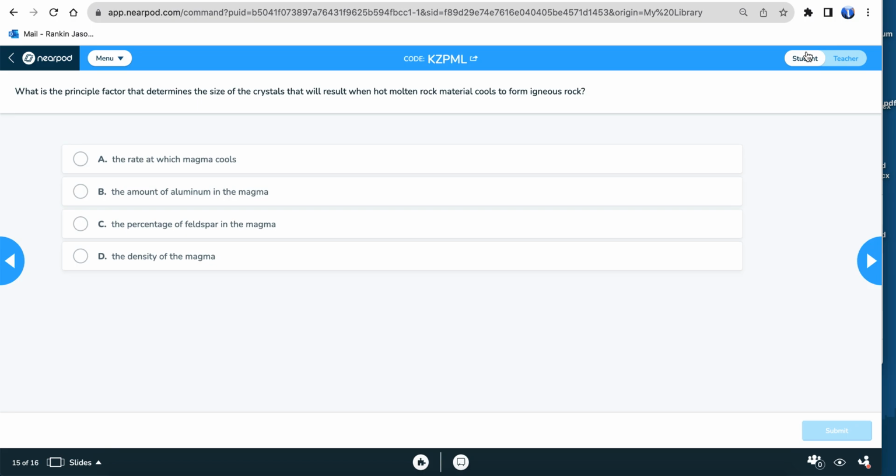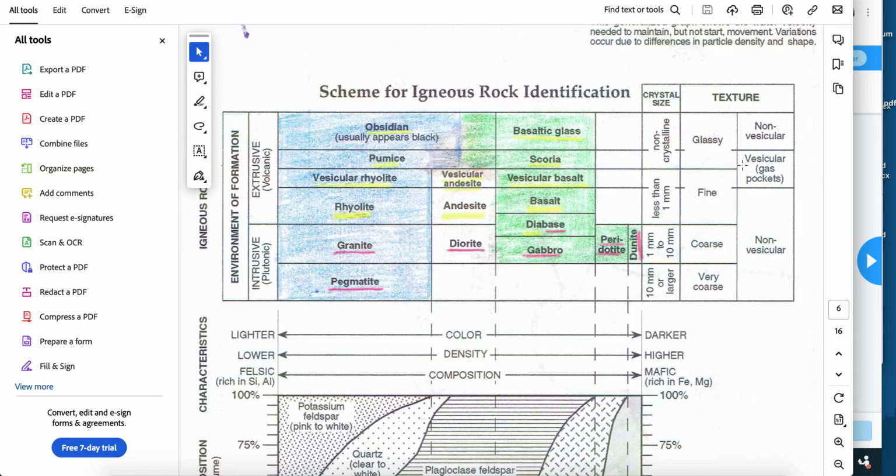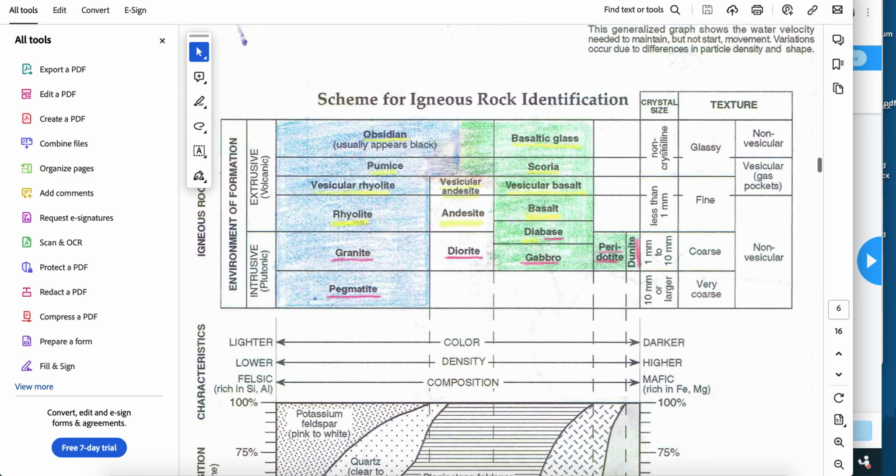All right, so crystal sizes. We're dealing with non-crystalline, less than 1 millimeter, 1 millimeter to 10 millimeters, 10 millimeters or larger. We have minerals that we can see with the naked eye as being intrusive.